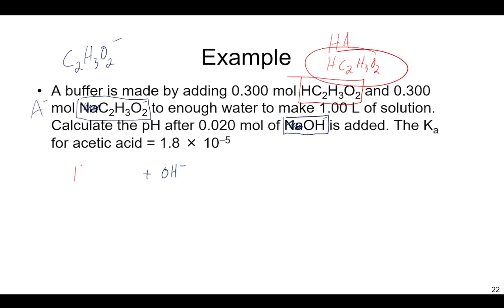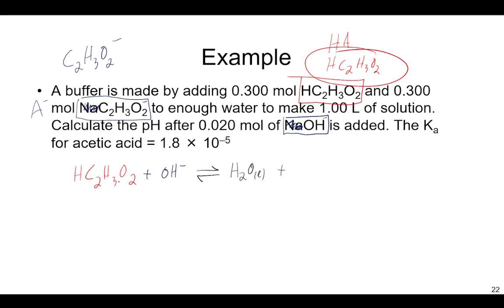So the chemical reaction I want to write, and this is critical to get right, is that the base that I'm adding, OH minus, is going to react with the acid part of the buffer. And what happens when bases and acids neutralize? Well, we make water.